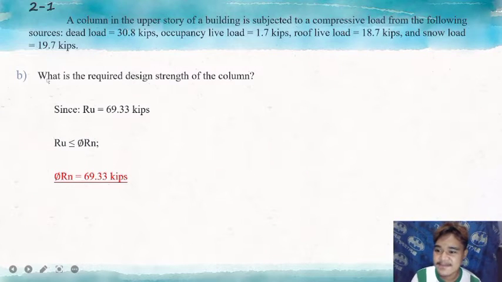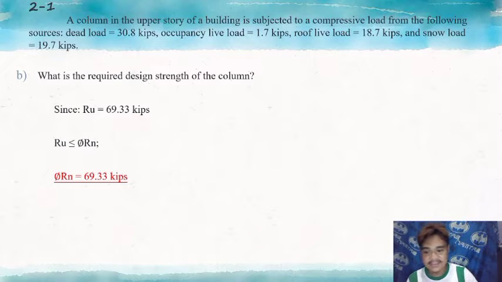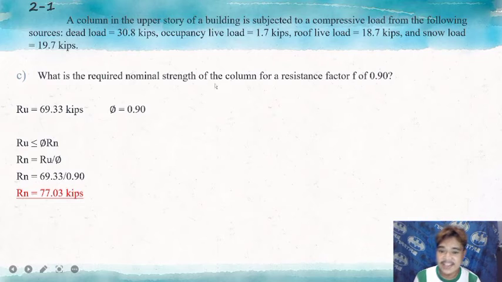Next question, B. What is the required strength of the column? Since our required strength is equal to 69.3, we just manipulate the formula and get the answer for our required strength, which is 69.33 kilopascals also. What is the required nominal strength of the column for a resistance factor of 0.90?